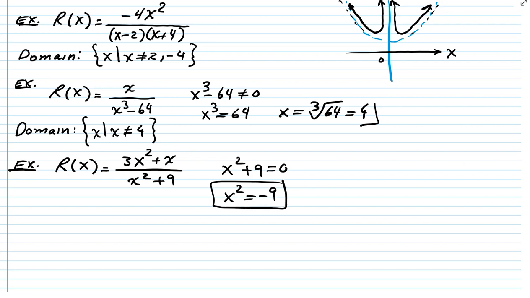But whether x is positive or negative, when you square it, it will never equal a negative number, right? This is simply impossible. Again, I'm looking for the real values of the function. So there's no way the denominator can be 0 by plugging in a real number for x. Therefore, the domain of this one is all real numbers, from negative infinity to infinity.